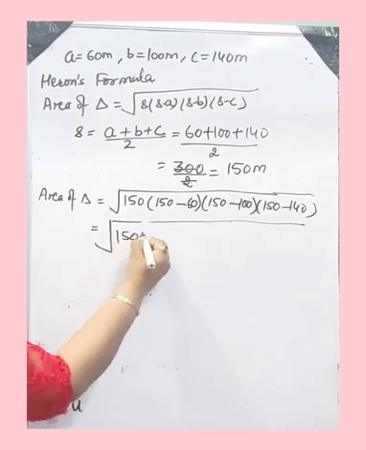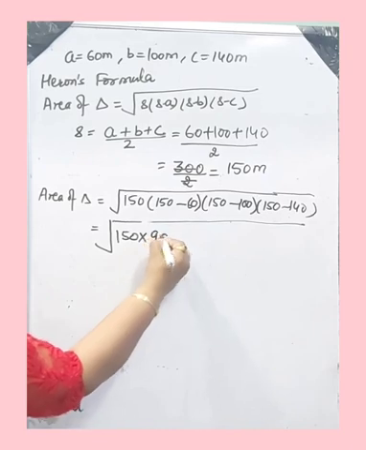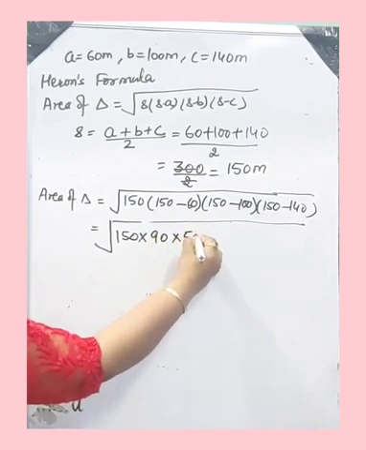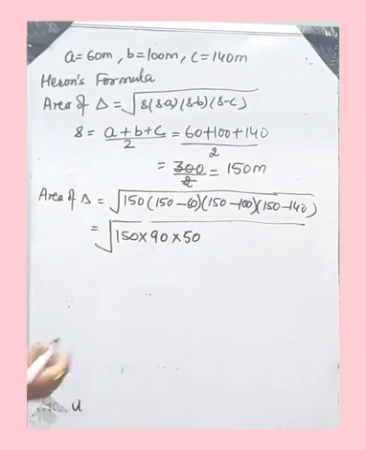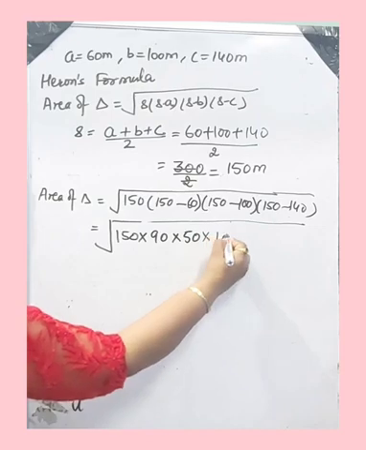Again write it. 150 minus 60. It will be equal to 90. 150 minus 100. Difference will equal to 50. 150 minus 140, then difference will equal to 10.